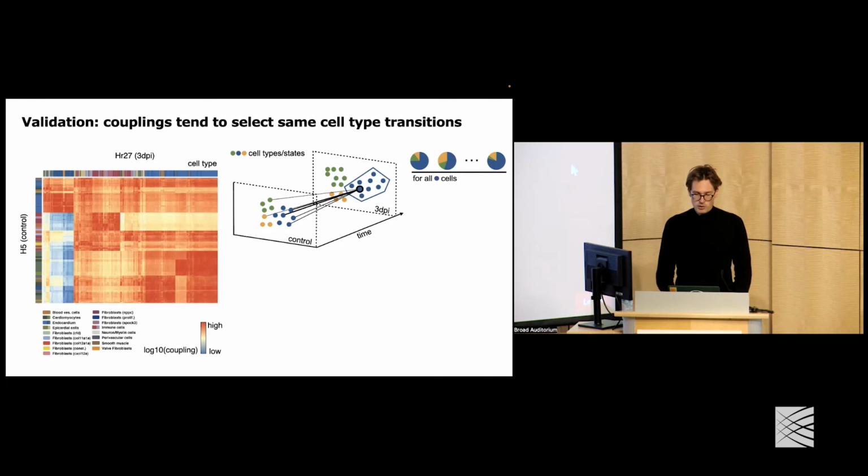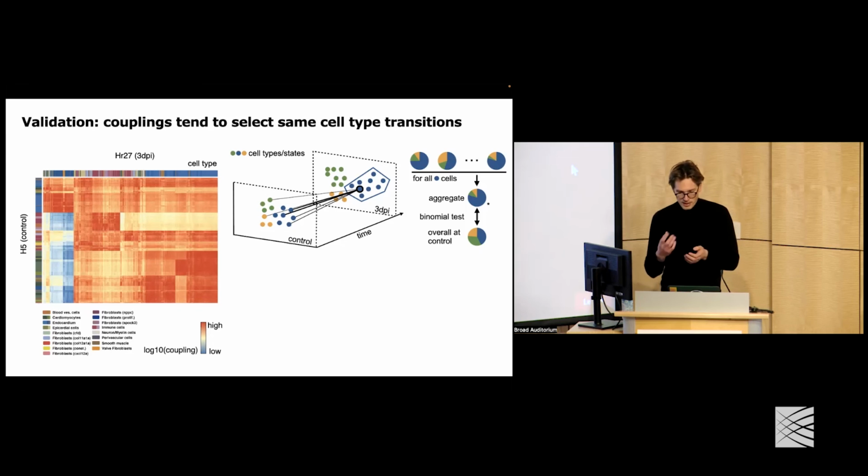We can repeat this for all the blue cells and aggregate this. So this basically is something like, if I take the blue population at 3 dpi and I look at the predicted ancestors of the blue cells at control, what is their cell type distribution? And I can then compare this with the overall cell type distribution at control and use a statistical test to check whether any of these cell types is enriched compared to what I'd expect from just the distribution.